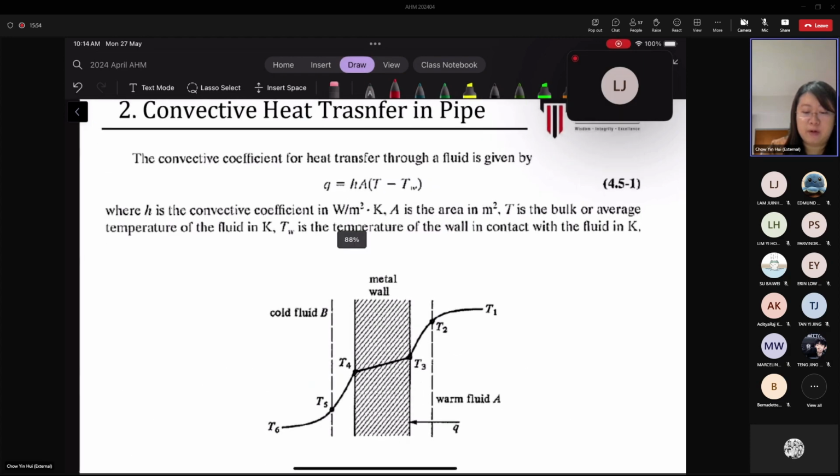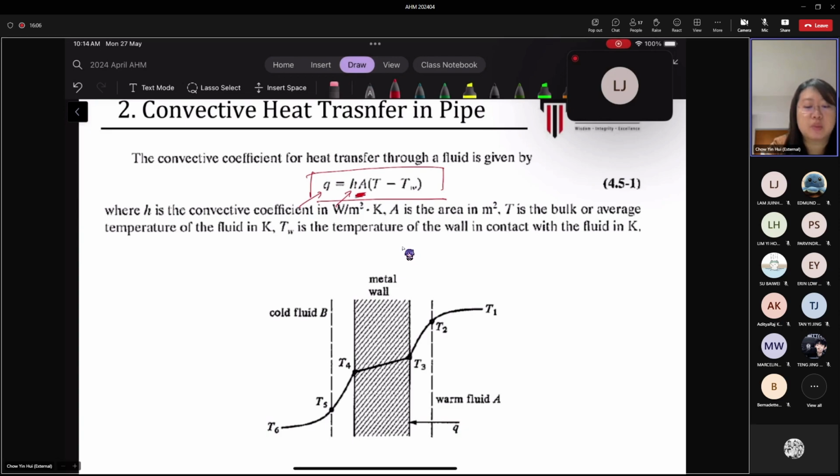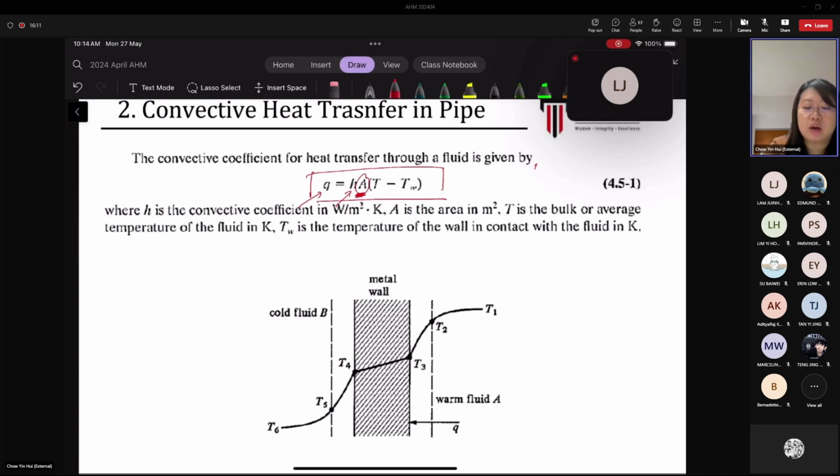For the past few weeks, we have also discussed convective heat transfer. This is the equation that I mentioned just now. The rate of heat transfer equals the convective heat transfer coefficient multiplied by the cross-sectional area perpendicular to the direction of the flow. But if it's convective heat transfer, then it depends. It's not really perpendicular then. It depends on the fluid that flows past it.